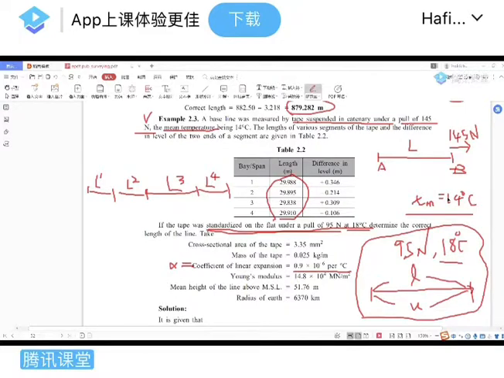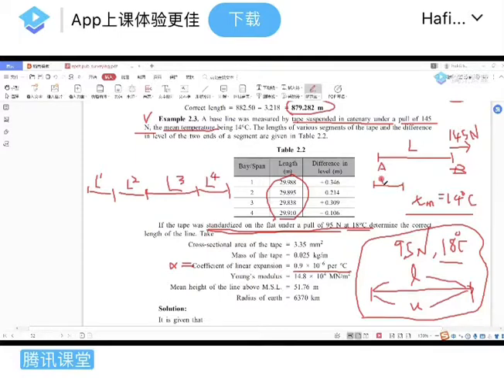You need some inference. The standard temperature is 18. We are going to get the value out of the standard tape. But now we don't have a standard tape. Instead, we have a used tape. This one is 14 degrees, and this is 18 degrees. So the used tape will be shorter than the standard tape.